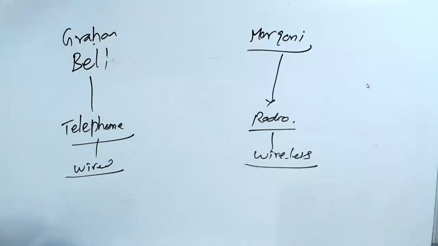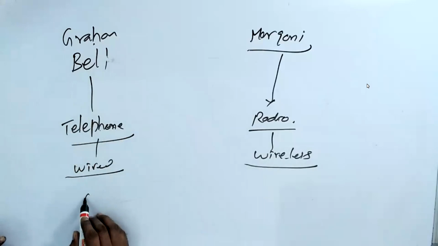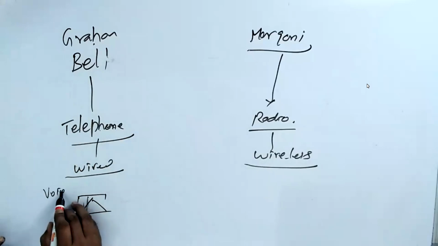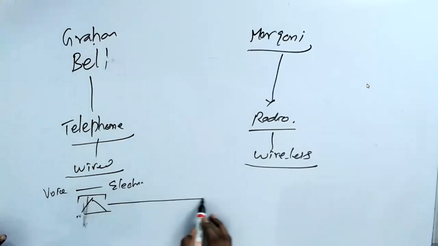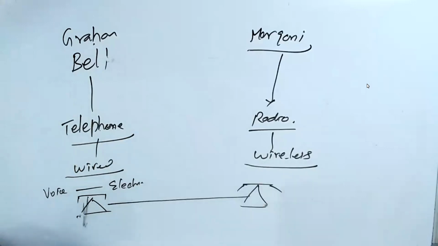What they have done was, in the telephone, I transmit at one place, I convert my voice to electrical and transmit. In the other place, they convert the electrical to voice.